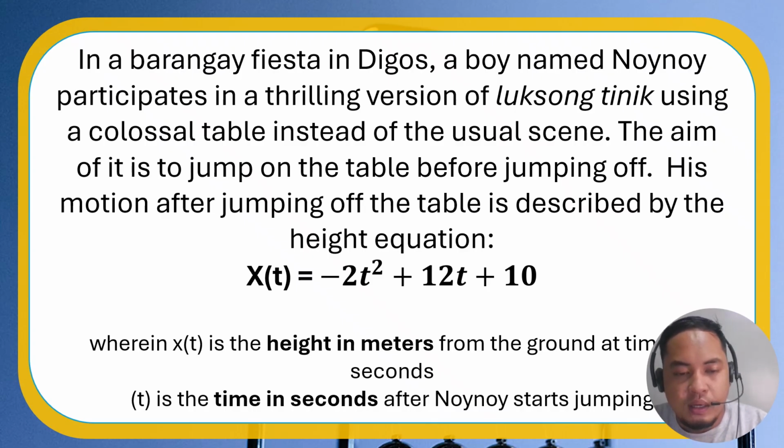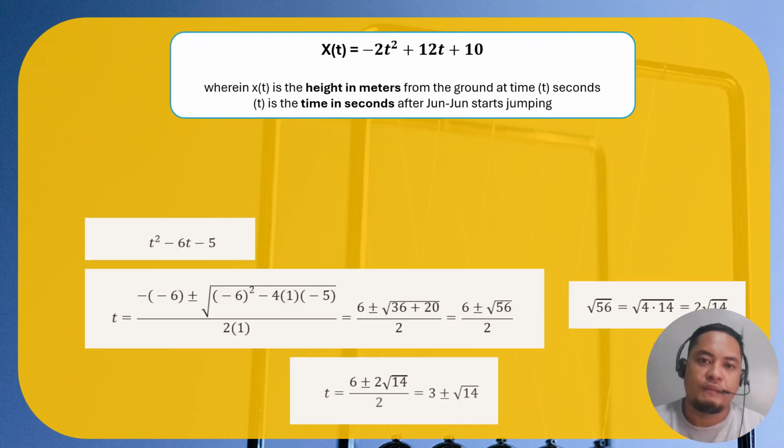And t is the time in seconds after Noy Noy starts jumping off until Noy Noy lands on the ground. And remember, we will take the positive root of our answer later on because there's no negative time. So in this case, we have this function.